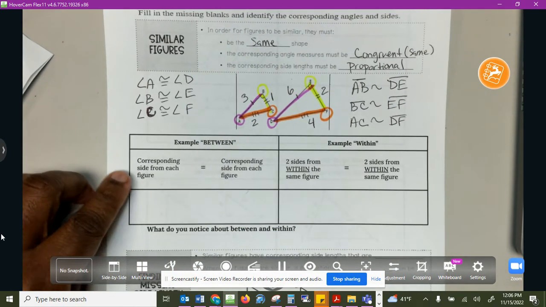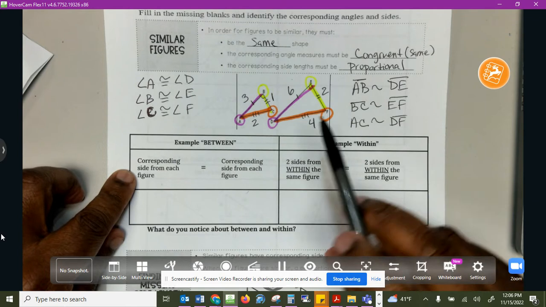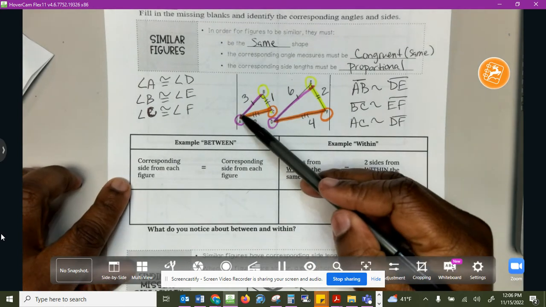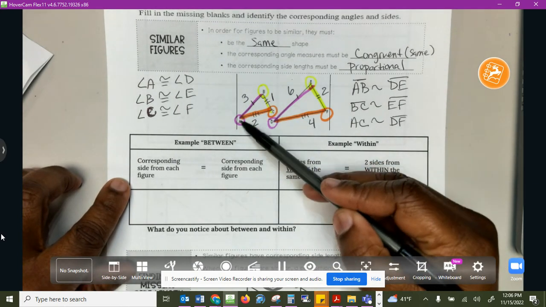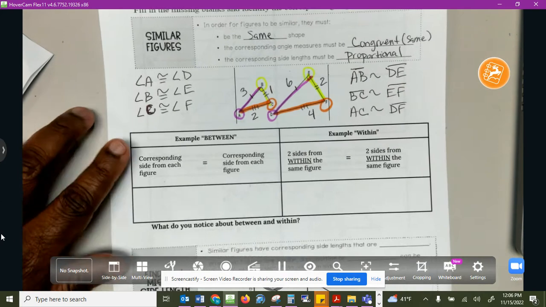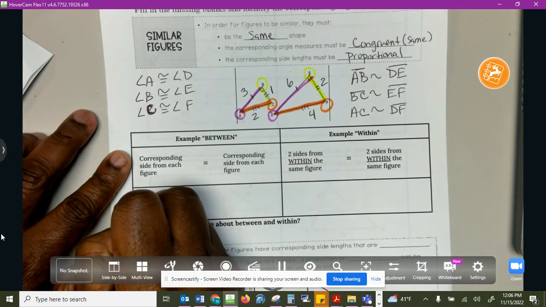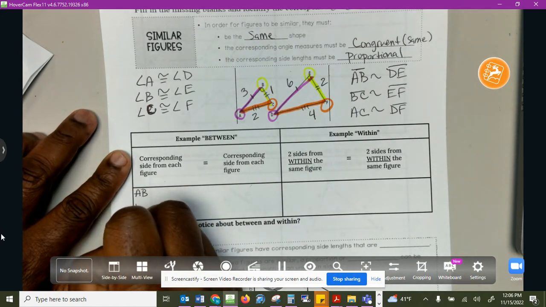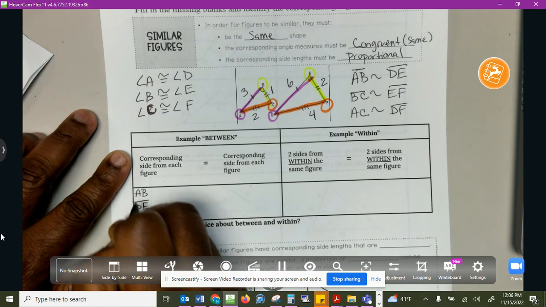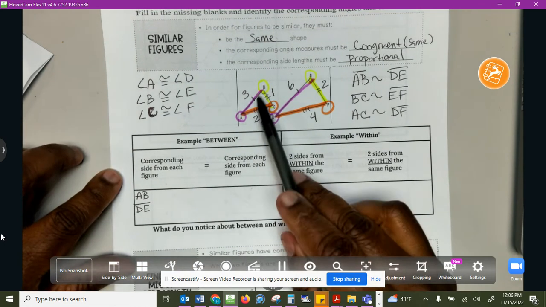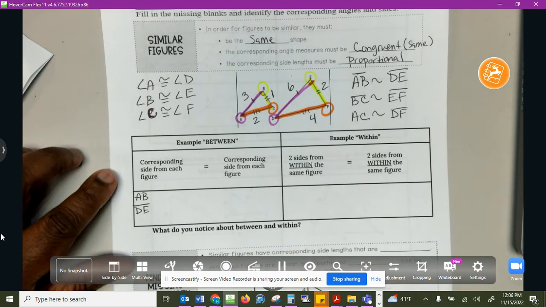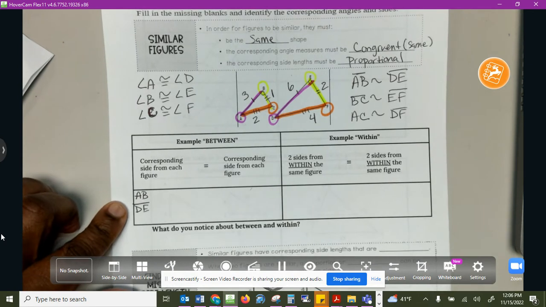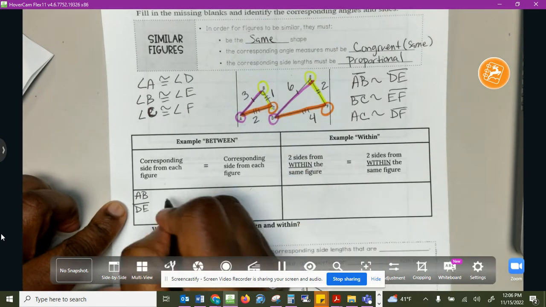if I'm talking about corresponding sides, if I was to use the purple AB, so if I did AB to DE, because AB goes with DE, number wise, that would be 3 to 6.